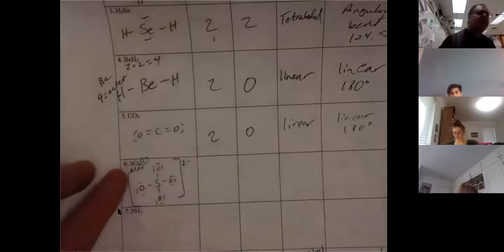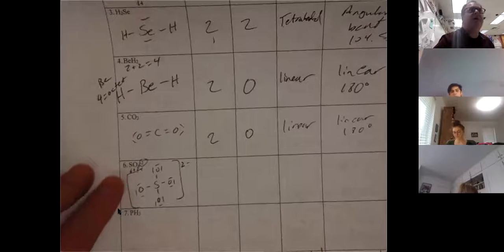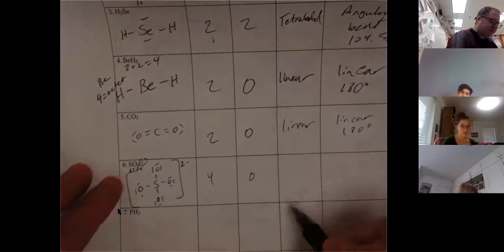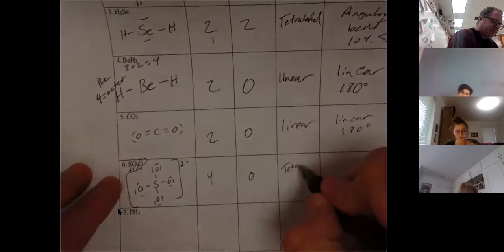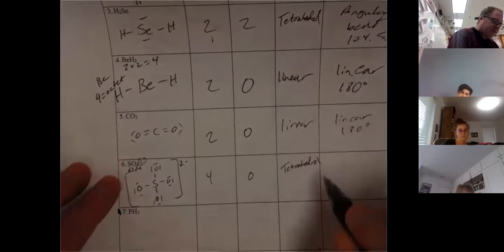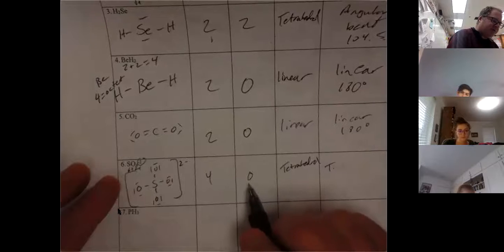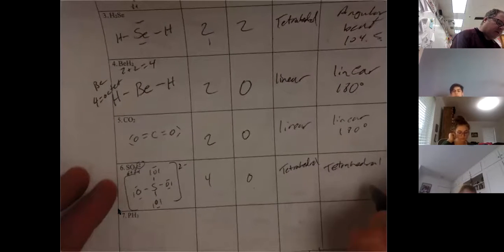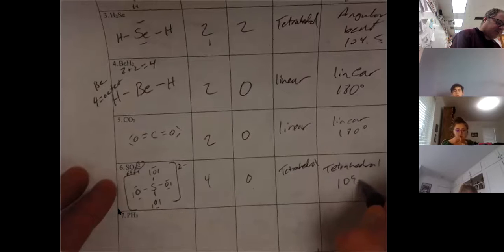We need to make sure we put that 2 negative there so that people know that we have added 2. We have 4 bonded atoms, 0 unshared pairs. That arrangement is tetrahedral. And anytime that you have 0 lone pairs, the shape and the arrangement are the same. That's 109.5.